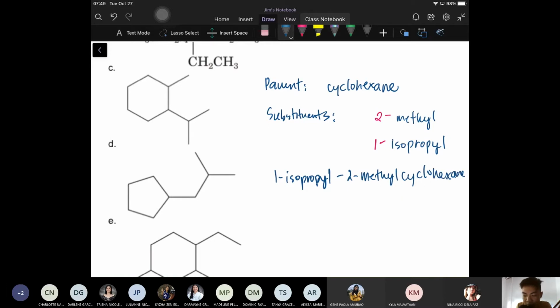Okay? So yan yung name niya. So 1 isopropyl, 2 methyl cyclohexane. Not 1 isopropyl, 6 methyl cyclohexane. Hindi yun yung name niya. Its name will be 1 isopropyl, 2 methyl cyclohexane. Okay? So ganun lang. Pwede nyo i-screenshot yan.